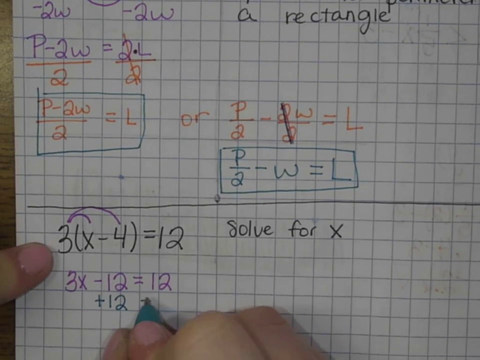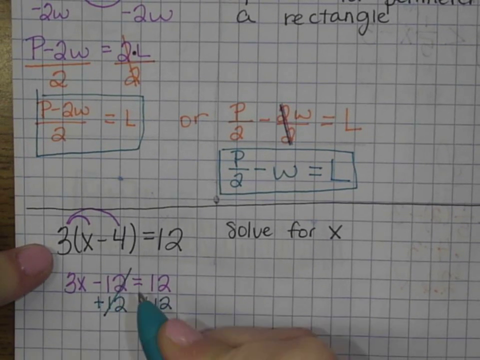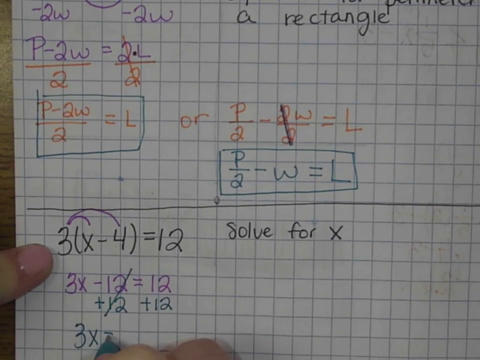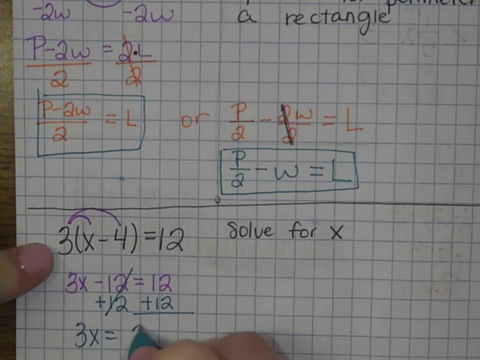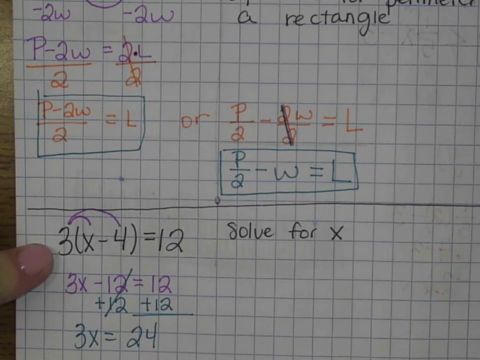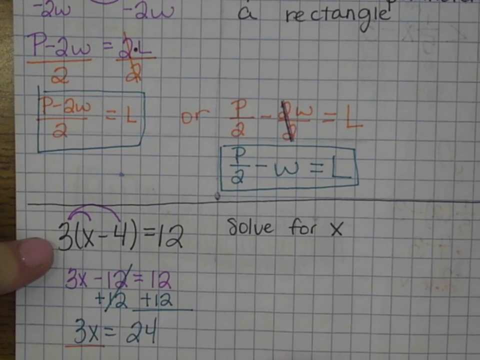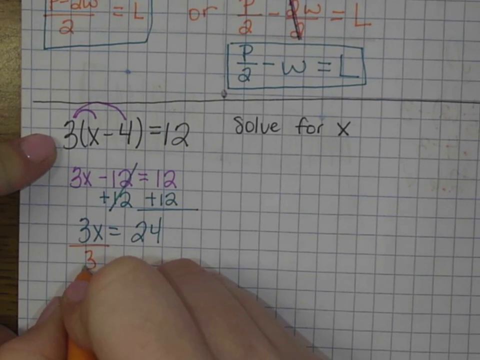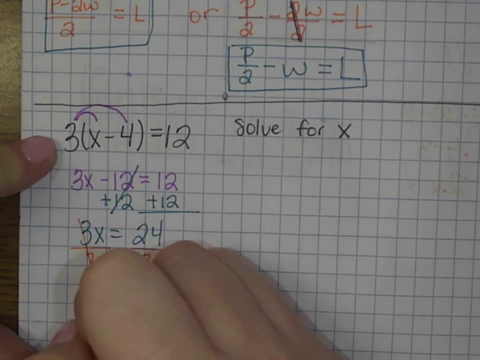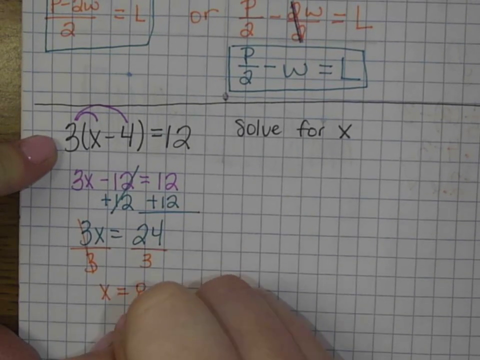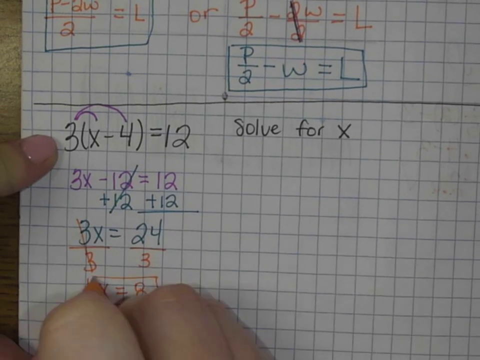Add 12, add 12. 3x would equal 12 plus 12 is 24. Divide by 3, divide by 3, x would equal 8.